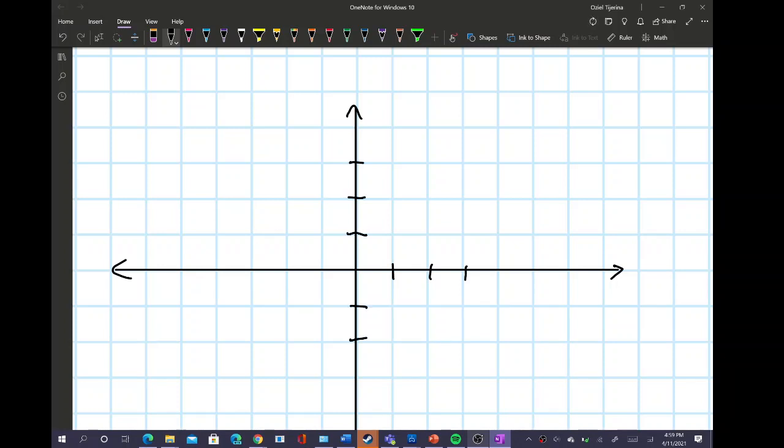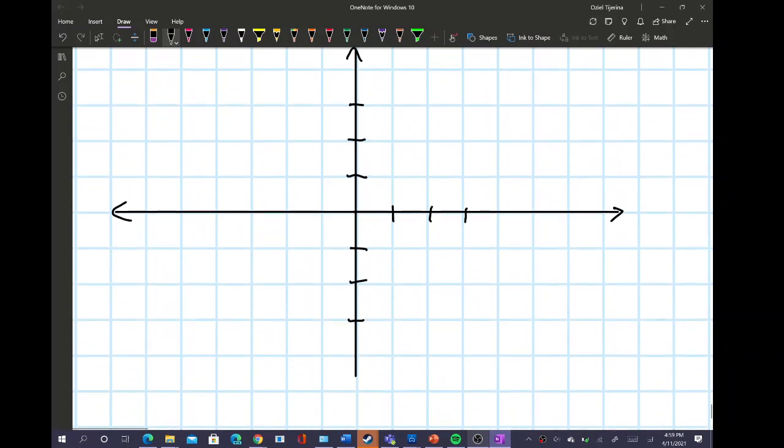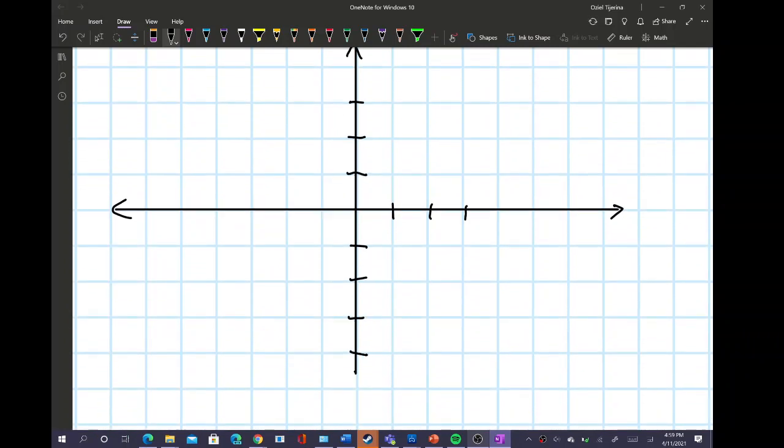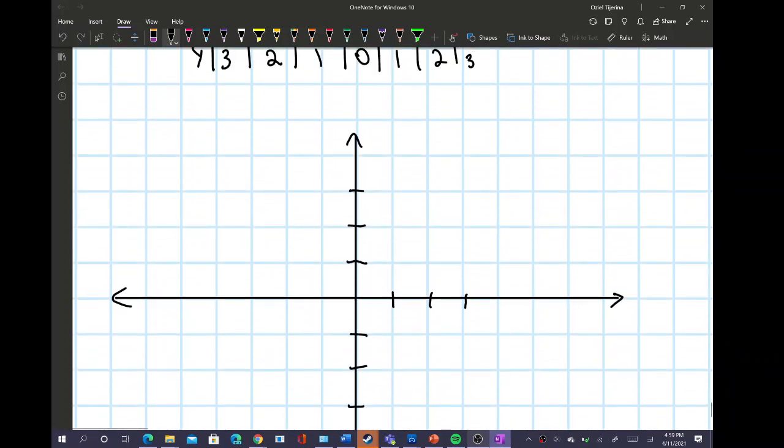I know I made it a little too big, but we can put more points if we wanted to. So we have -6, -5, -4, -3, -2, -1, 0, 1, 2, 3, 4, 5, 6, 7, right?